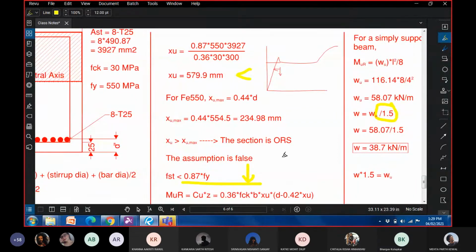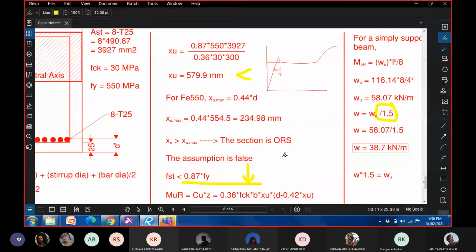Please write down: since the section is over reinforced, FST is less than 0.87 Fy, and we do not get a closed form solution.